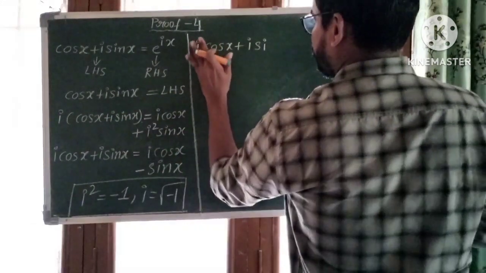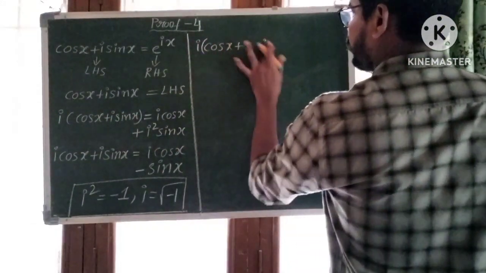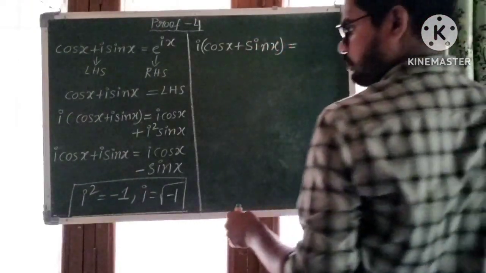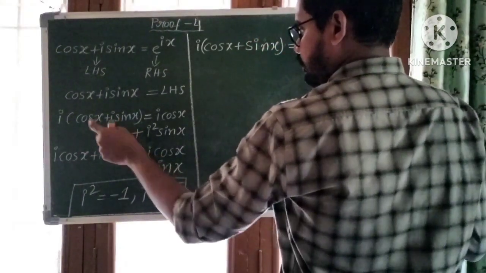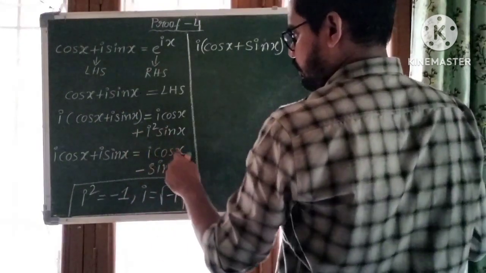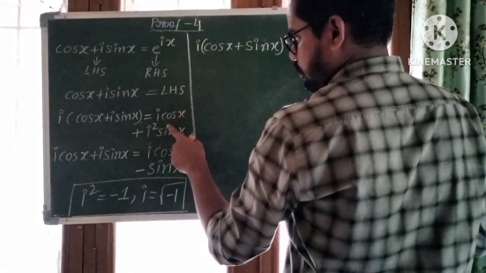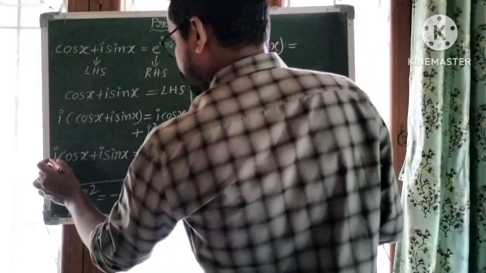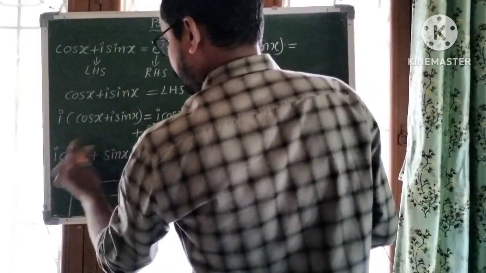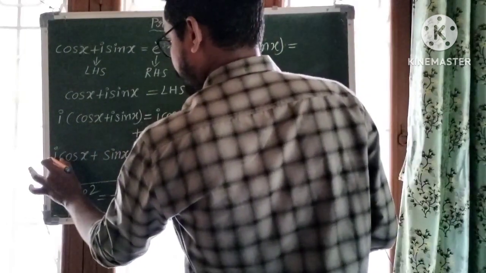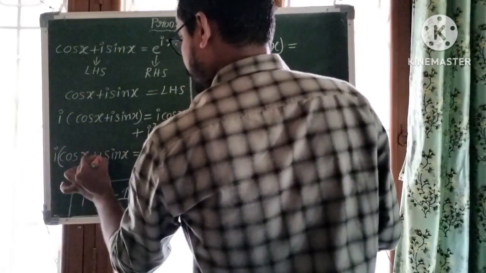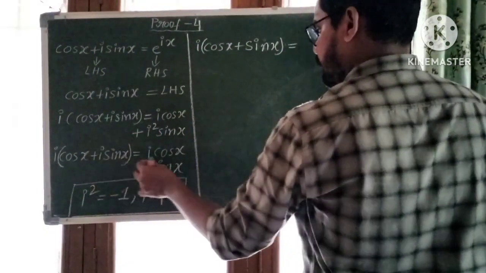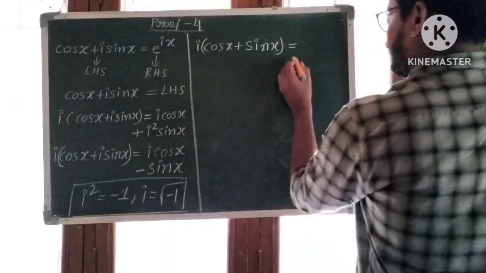So i into cos x plus i sin x is equal to i cos x minus sin x.